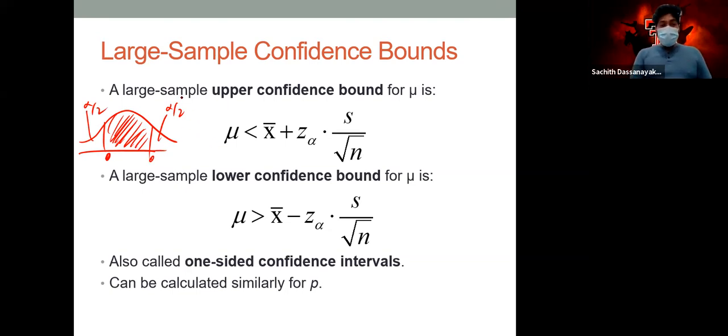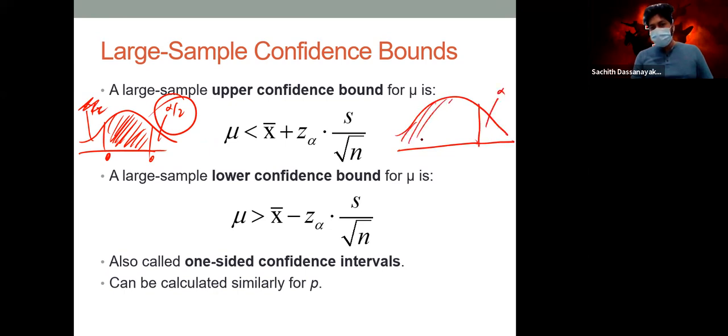But now we need only one, so there is no alpha over 2. This case is just one tail, so we don't need to divide alpha by 2. Simply you can use alpha.